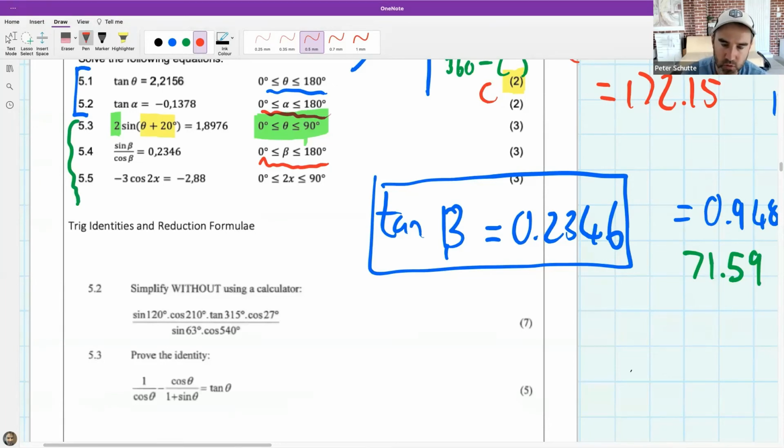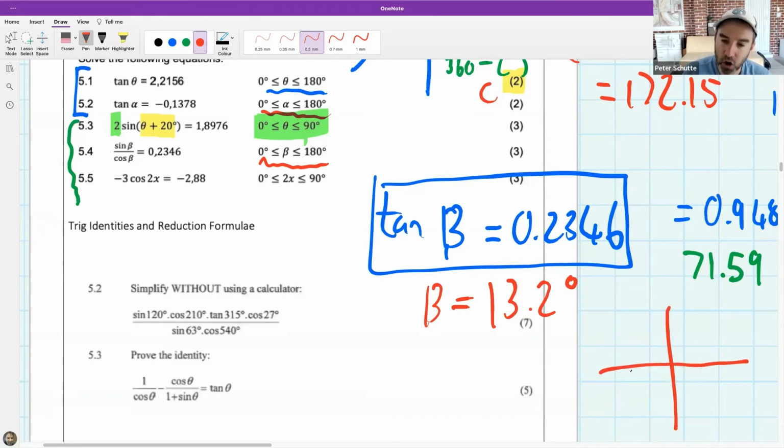So because it's positive, it's all good. We go shift tan 0.2346, and we get for beta 13.2 degrees. Perfect.